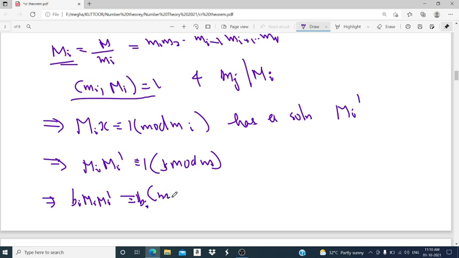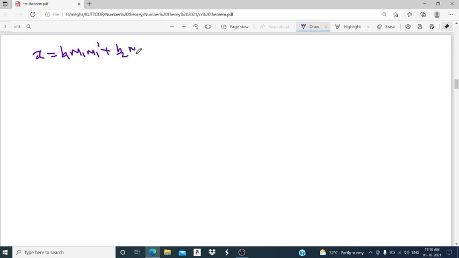We multiply bi on both sides. We can say that bi Mi Mi dash congruent to bi mod mi. This is equation number 1. Now we put x equal to b1 M1 M1 dash plus b2 M2 M2 dash plus etc., br Mr Mr dash.